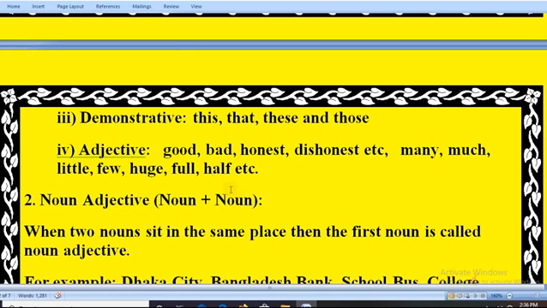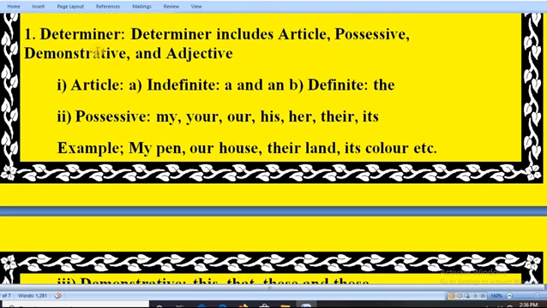Even numerical numbers, arithmetical numbers, 1, 2, 3, these are also adjectives. Okay, so have you understood determiner? So in determiner, what types of grammatical items are included? Article, possessive, demonstrative, and adjective.